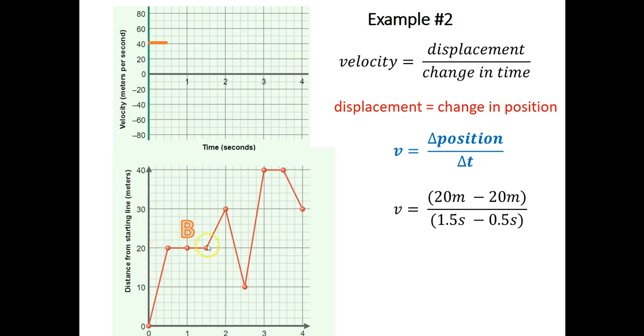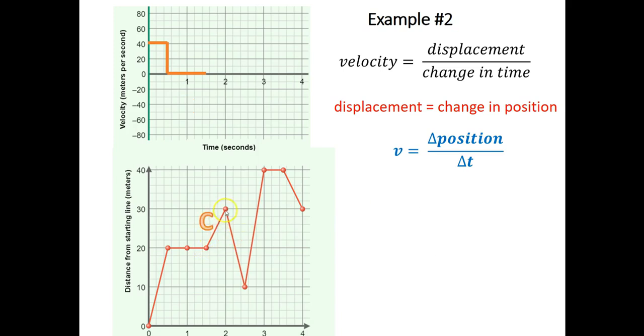Our time, we ended at 1.5 seconds and started at 0.5 seconds. So that gives us 0 meters divided by 1 second, or 0 meters per second for that entire time interval. So from 0.5 all the way to 1.5 is going to be a solid line straight across at 0.